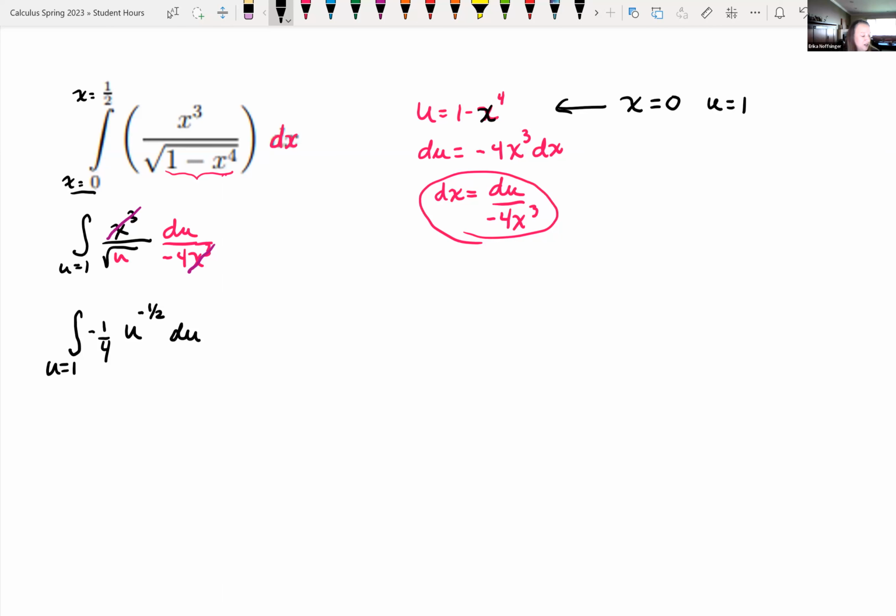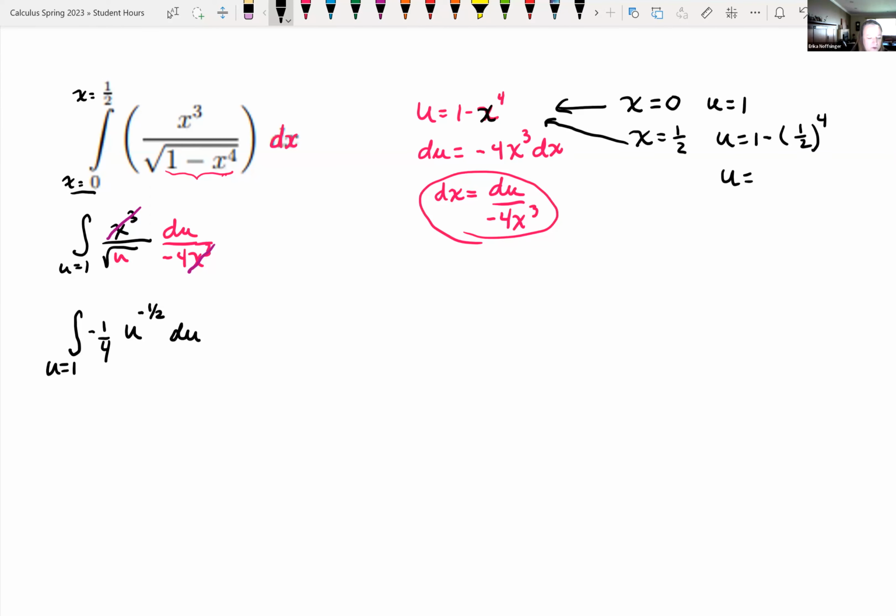And then now we're going to look at x equals 1/2. So when x is equal to 1/2, I've got to do a little more work: u is equal to 1 minus (1/2) to the 4th power.